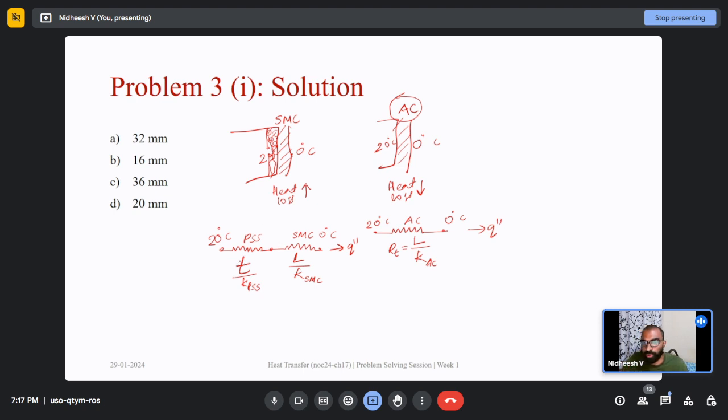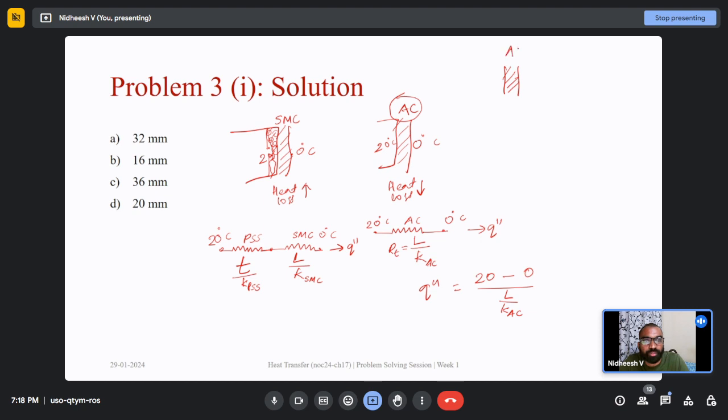So since all these resistances are in series, we can write Q dash equal to the temperature difference, 20 minus 0, by this thermal resistance. Even if we have some fluid flow here, there will be another temperature for that fluid. Anyway, since you asked, I will draw it here.